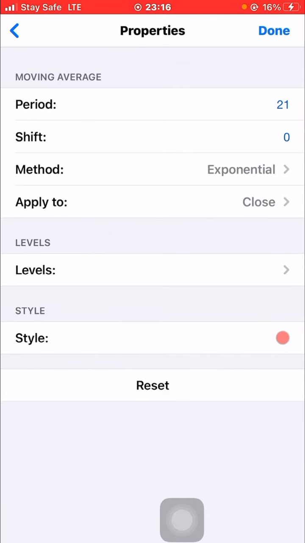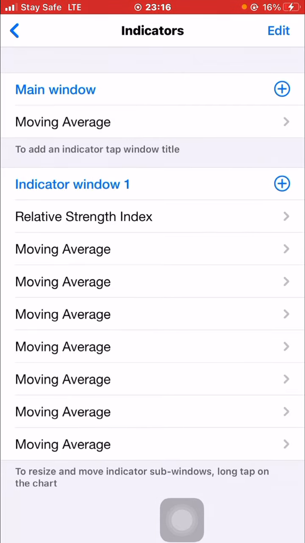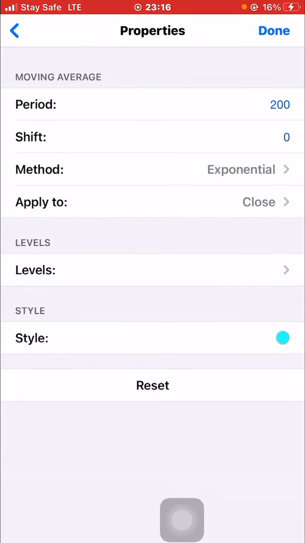The next one is moving average 21, shift 0, method exponential, applied to close. And the last one is period 200, shift 0, method exponential, applied to close, style green.